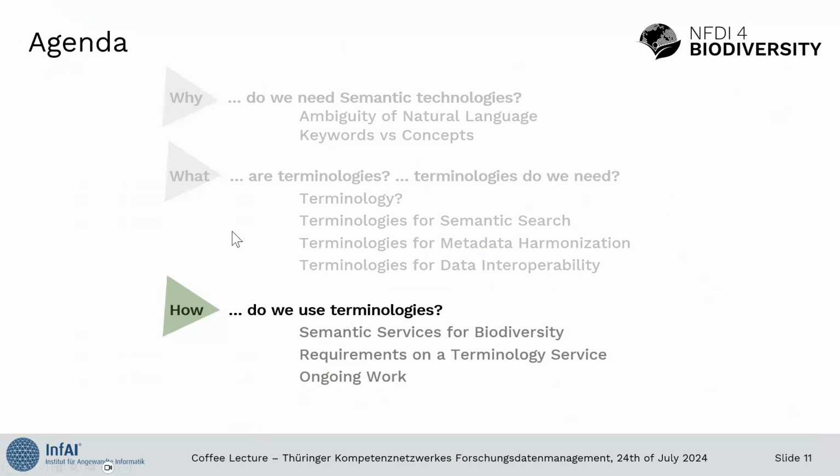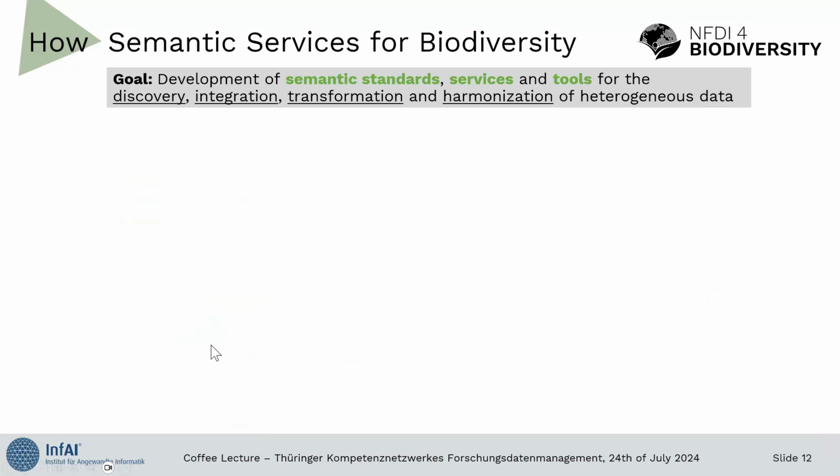So now I come to the last part, which is how we use those terminologies within NFDI4Biodiversity. We develop a set of standards, semantic standards, services, and tools for data discovery, integration, transformation and harmonization.